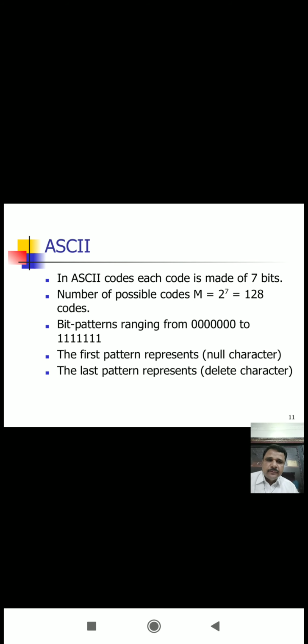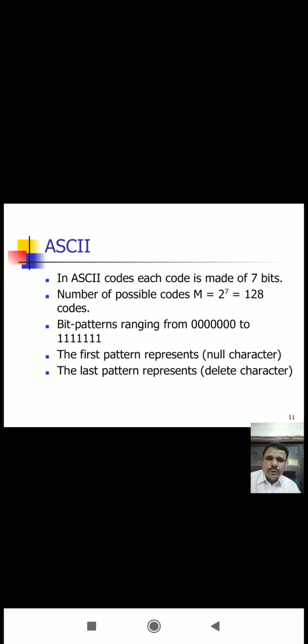So, the very first scheme, which is called ASCII, let us see it in detail. As you know, ASCII stands for American Standard Code for Information Interchange. This is the code which is made of 7 bits. So, when there are 7 bits, how many possible codes can be generated?